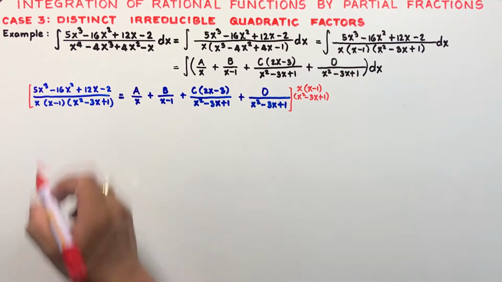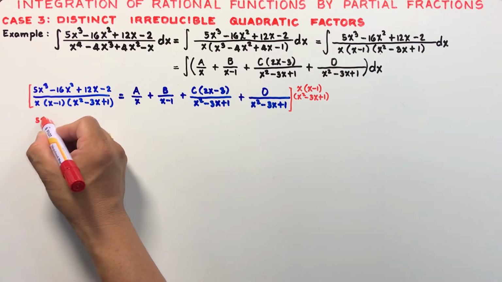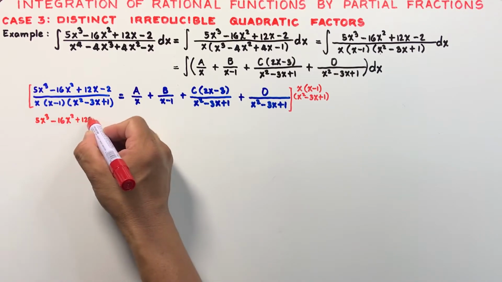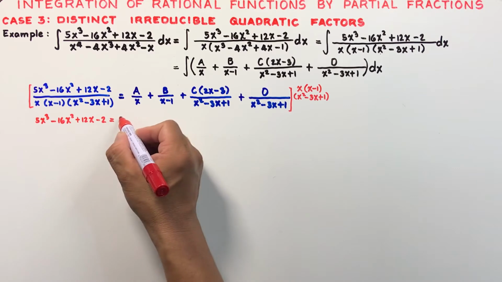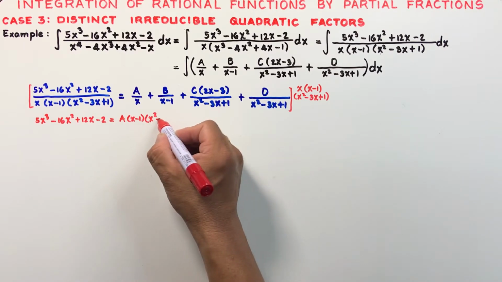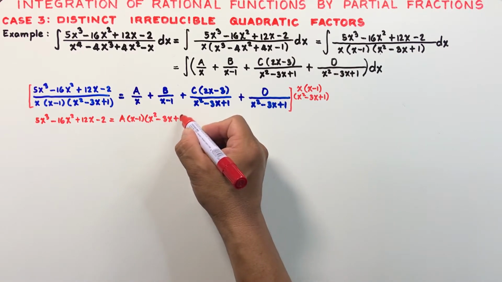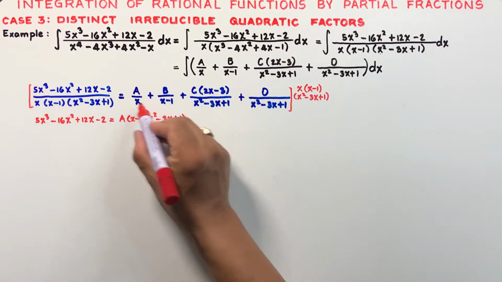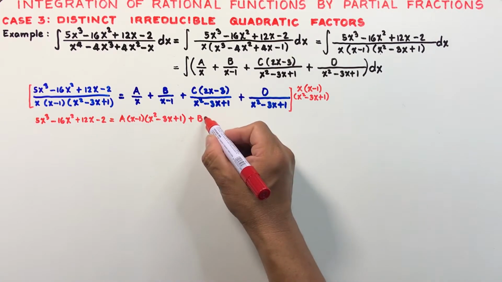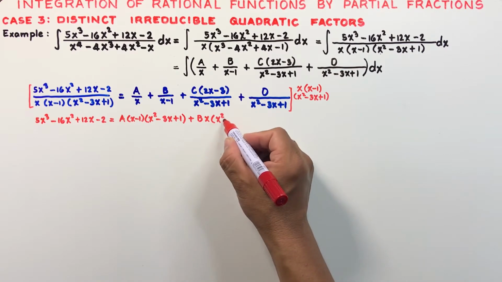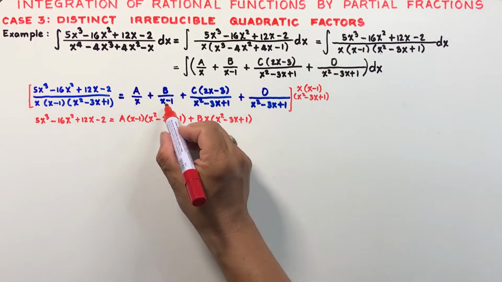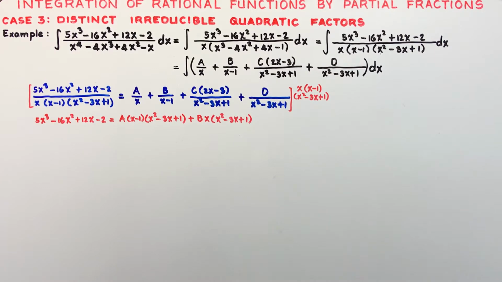So what remains is 5x cubed minus 16x squared plus 12x minus 2, which is equal to A times x minus 1 times x squared minus 3x plus 1, because this x and this x cancel each other, plus B times x squared minus 3x plus 1, because this x minus 1 and this x minus 1 cancel each other.